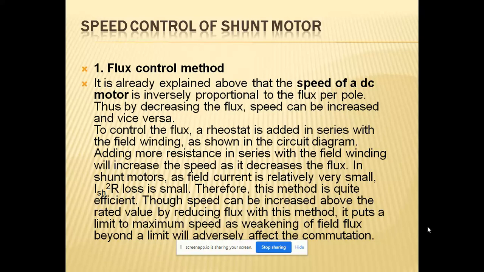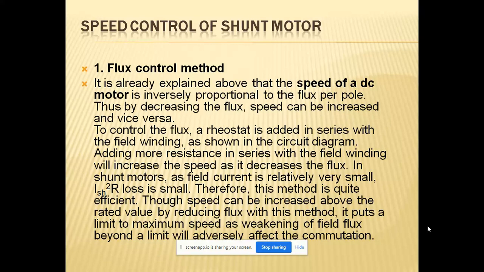In this method, a variable resistance is placed in series with the shunt field winding. The shunt field rheostat reduces the shunt field current Ish and hence the flux phi. Therefore, we can only raise the speed of the motor above the normal speed. Generally, this method permits an increase in speed in the ratio 3 to 1.